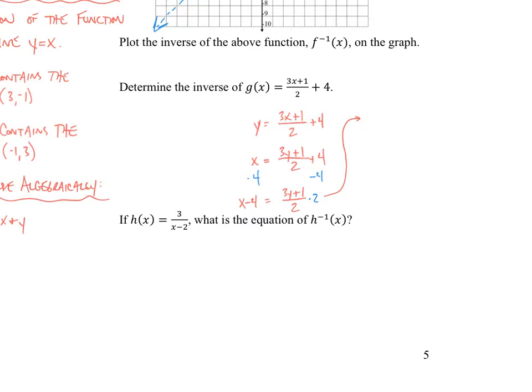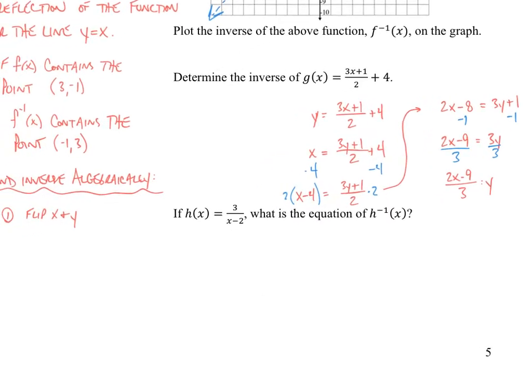So now I have 2x - 8 = 3y + 1. Now again, I can subtract that constant on the end, and I'll have 2x - 9 = 3y. And finally, I'm going to get rid of that 3 by dividing everything by 3. So I end up with (2x - 9)/3 = y.